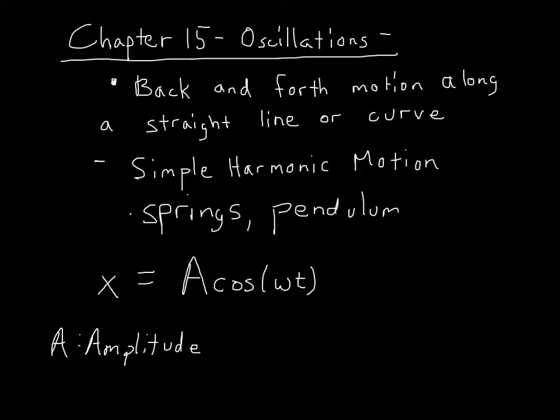That's how large my bouncing motion is from some rest point. Omega is the angular frequency. This describes kind of how fast you're bouncing. And t is the time that you're interested in.